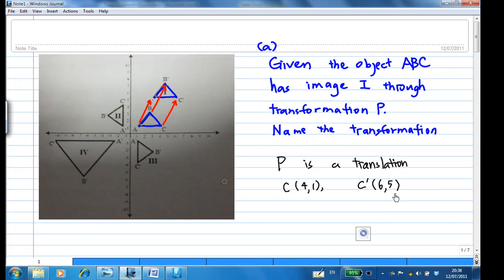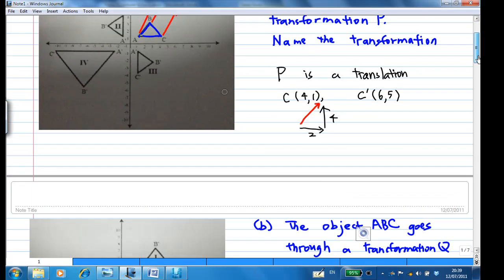Therefore, P is a translation moving to the right 2 units and upwards 4 units. And this will provide you the translation required. This answer part A.